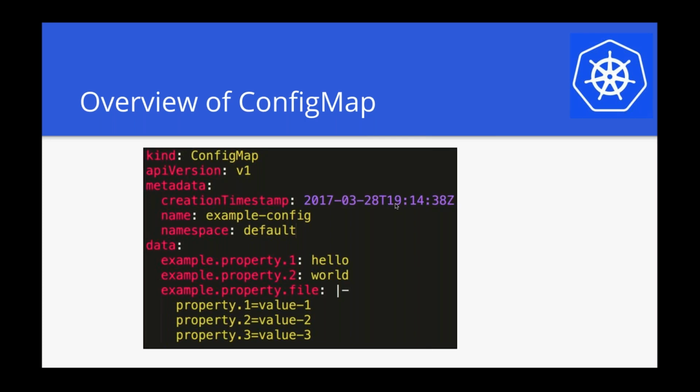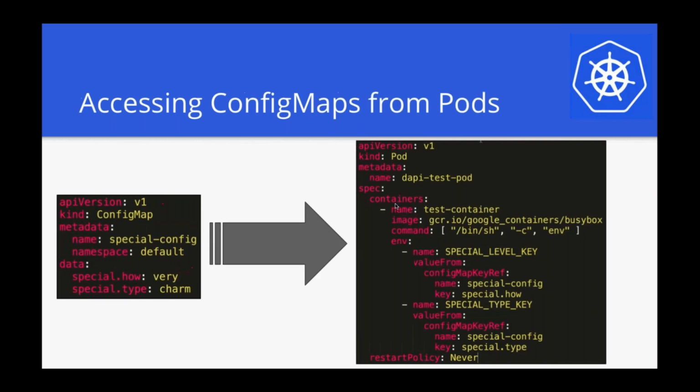It could be individual keys followed by values, or you could also create a file that holds a set of properties or a set of keys with multiple values. It's also possible to create a config map from an existing file that already contains configuration. We'll actually see a demo of that.